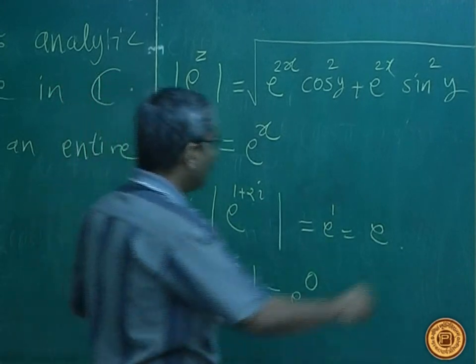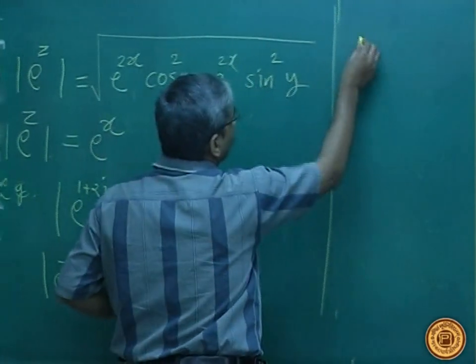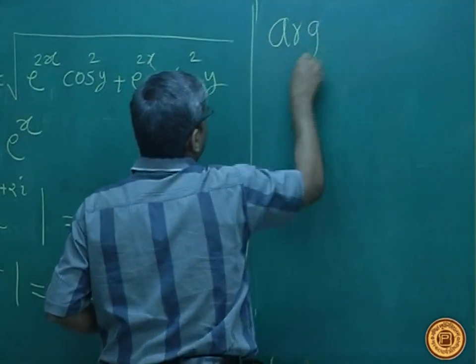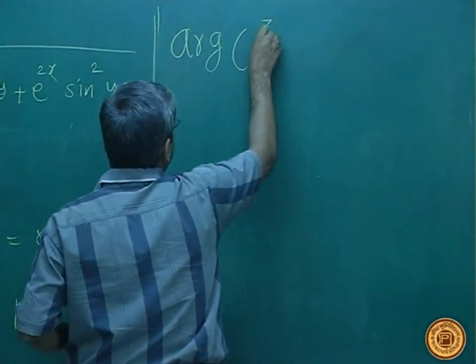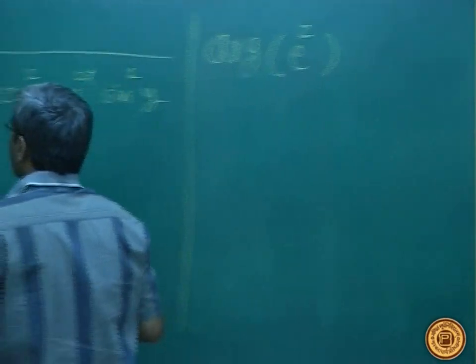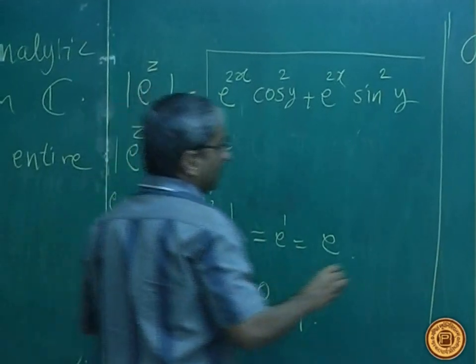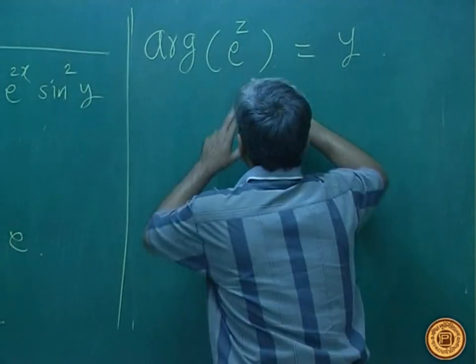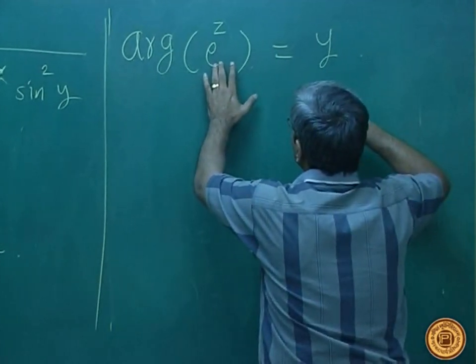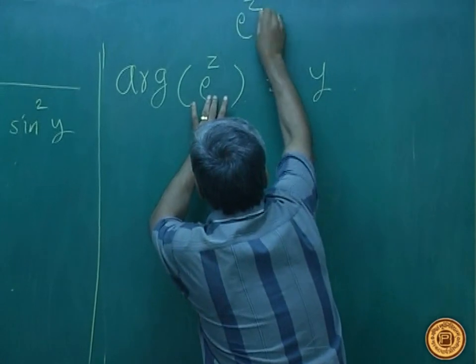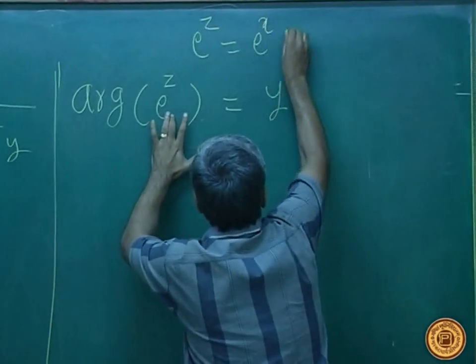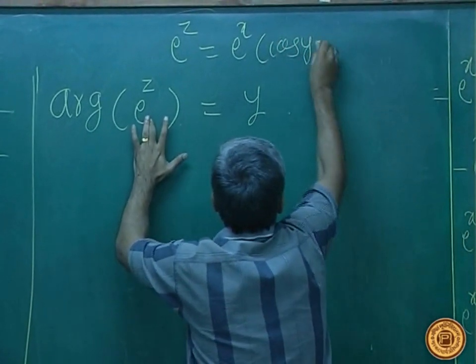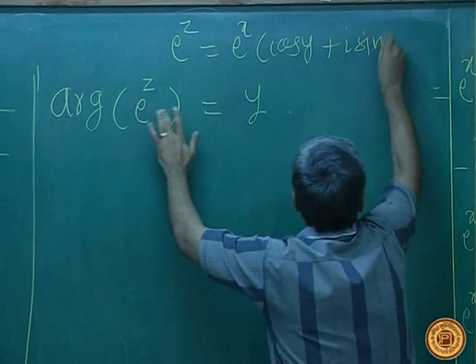Now what is the argument of e to the power z? Argument of e to the power z, that is y. That is exactly y. Because what is e to the power z? Let me write again. It is e to the power x into cos y plus i sin y.